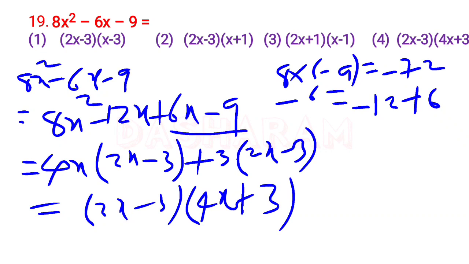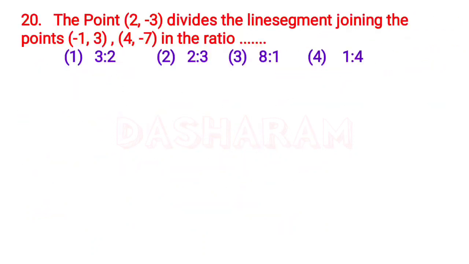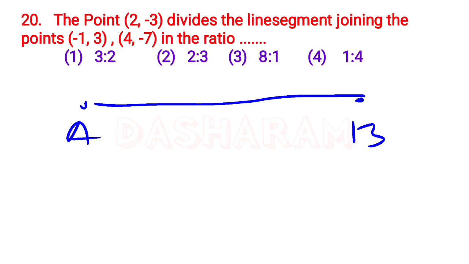Question number 20, the point 2 comma minus 3 divides the line segment joining the points minus 1 comma 3 and 4 comma minus 7 in the ratio. See here one point A and here one point B. Let's join these 2 points with a line segment. This line segment is divided by a point P in the ratio m1 is to m2.